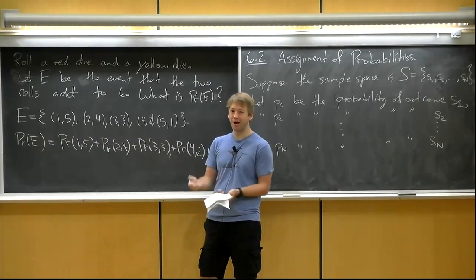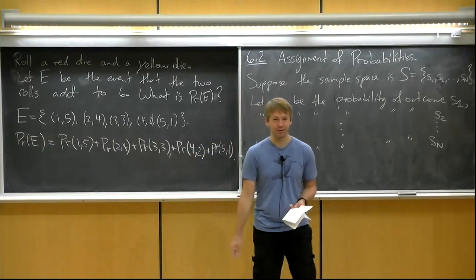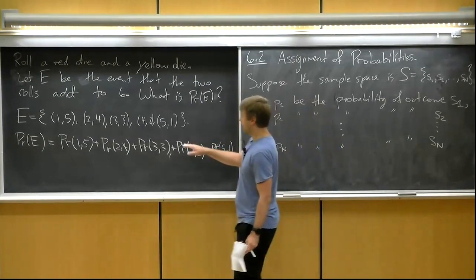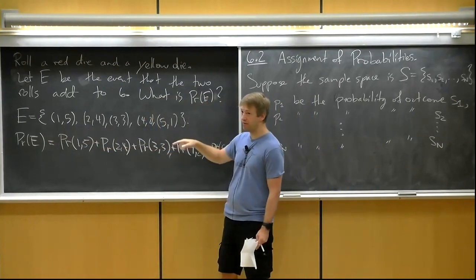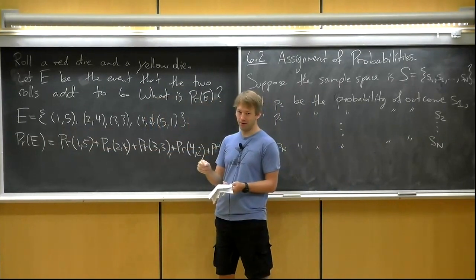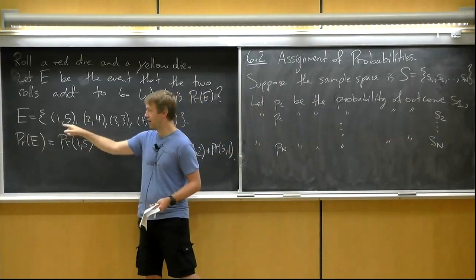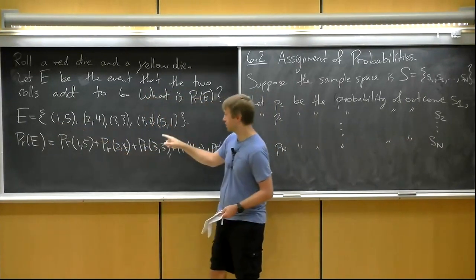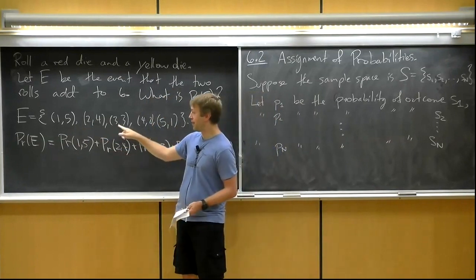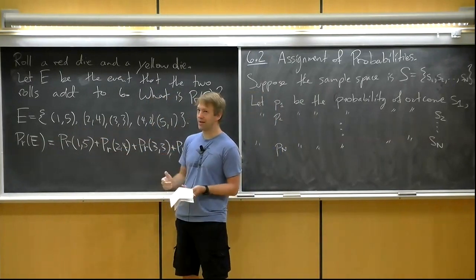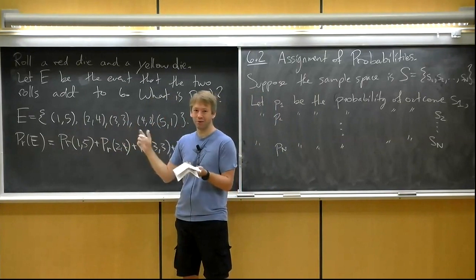So I shouldn't really count that twice in some sense. But I'm thinking of these two things, for example, 1, 5 and 5, 1, they're not the same event, because this is a red 1 and a yellow 5. This is a red 5 and a yellow 1. Those are different things. But if I have a red 3 and a yellow 3, that's the same thing as a yellow 3 and a red 3 or whatever. Yeah.